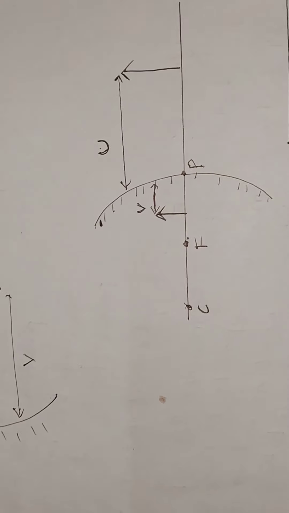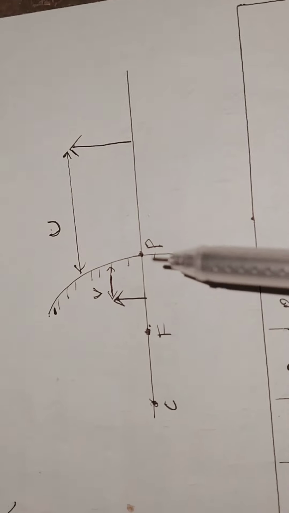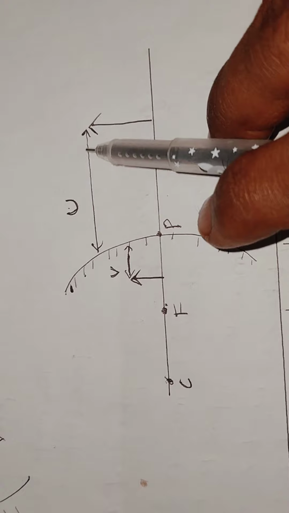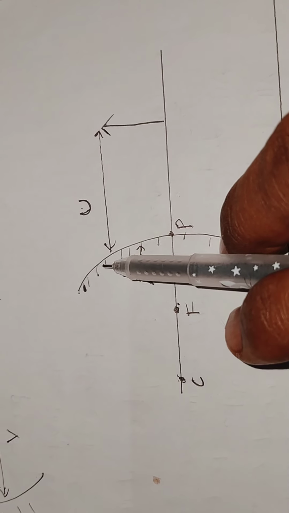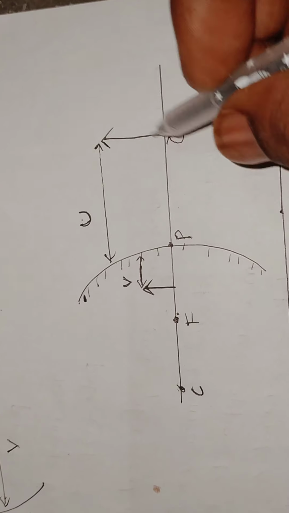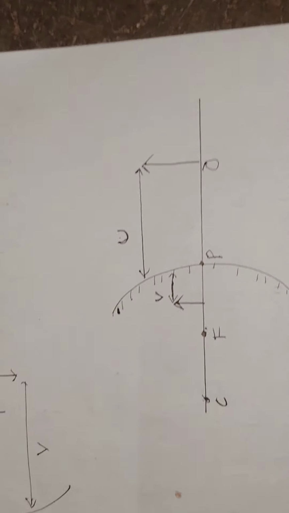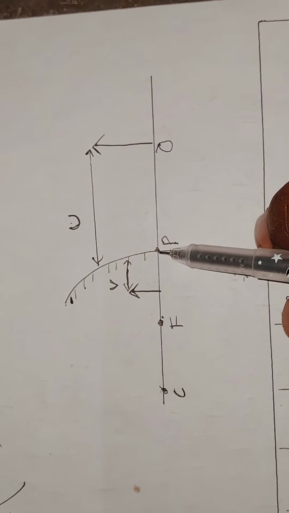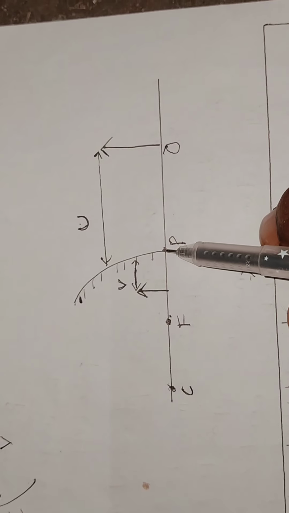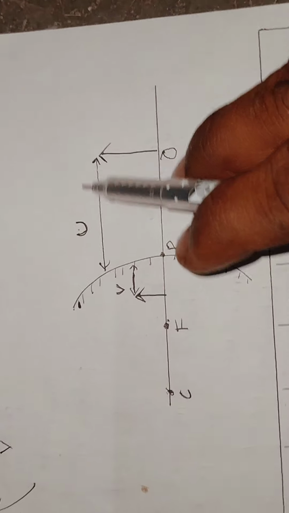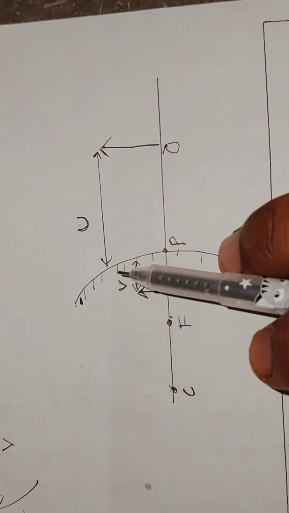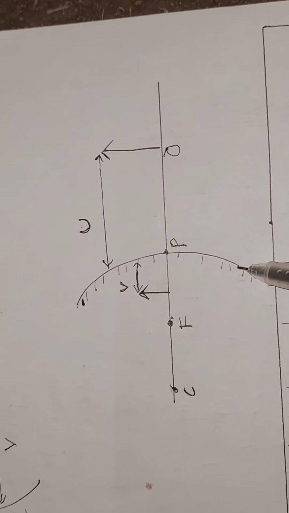In case of a convex mirror, the ray comes in the direction from the object, and we measure the object distance from the pole point to the object in this direction. The ray is coming in this direction, so the object distance is taken as negative in case of a convex mirror.